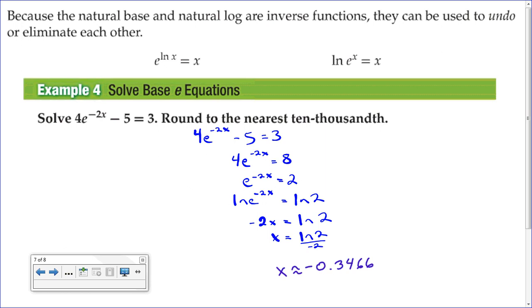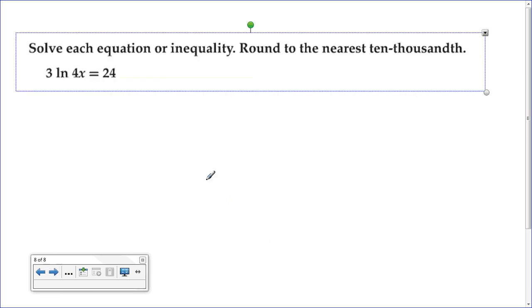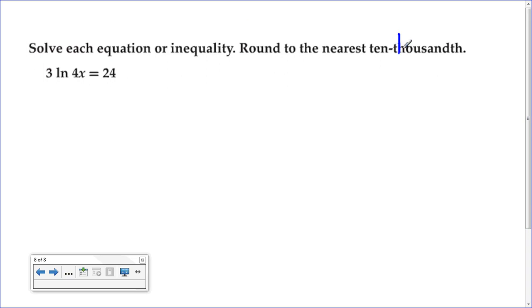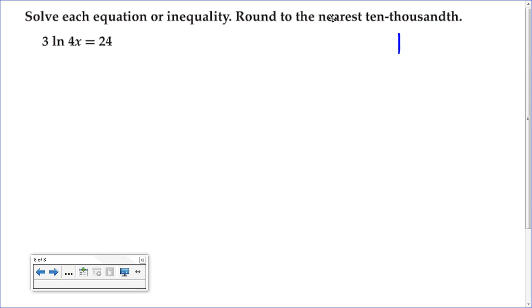Now let's take a look at the next example. I have 3 natural log 4x equals 24. Once again, I just want my natural log on this side, so I'm going to divide both sides by 3. Natural log of 4x equals 24 divided by 3, which is 8.